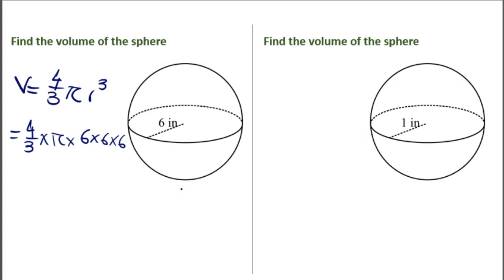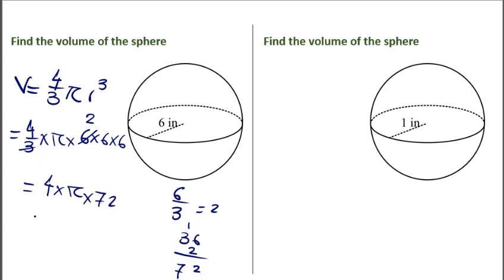If you have 6 divided by 3, it will be 2. 6 times 6 is 36. 36 times 2 is 72. So you have 4 times pi times 72.